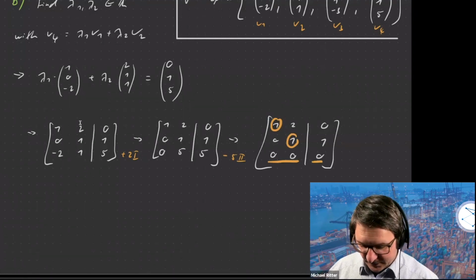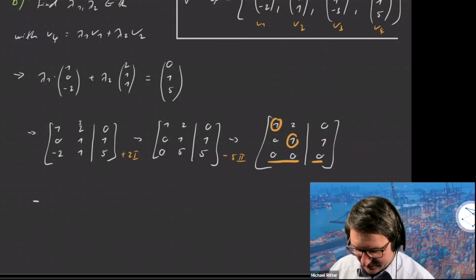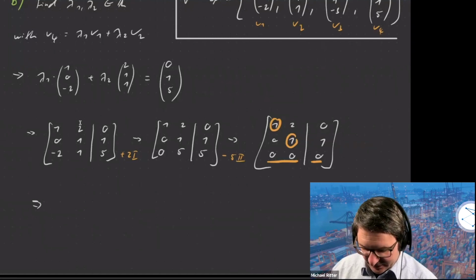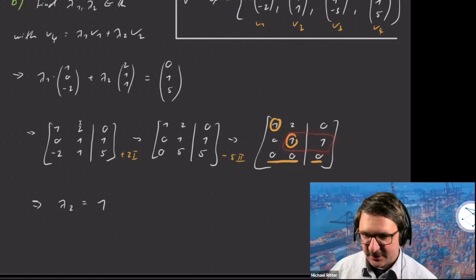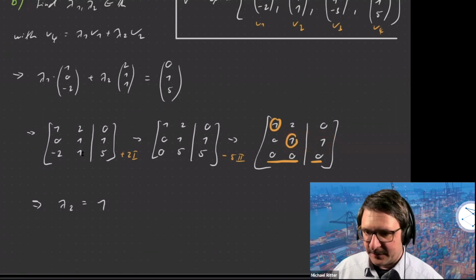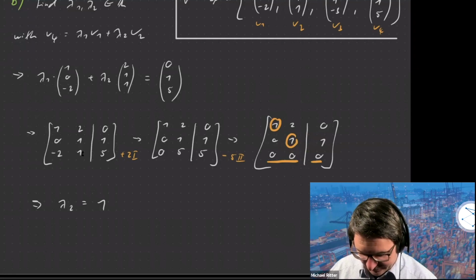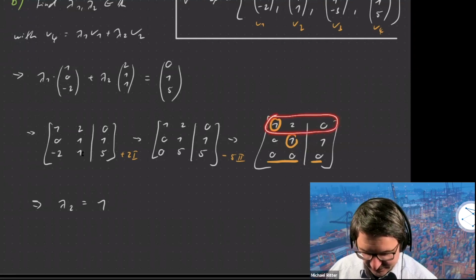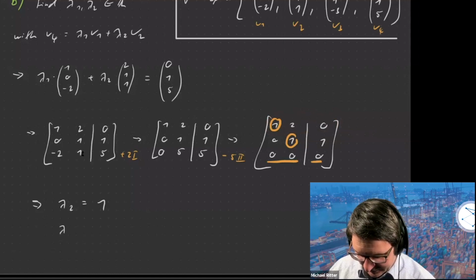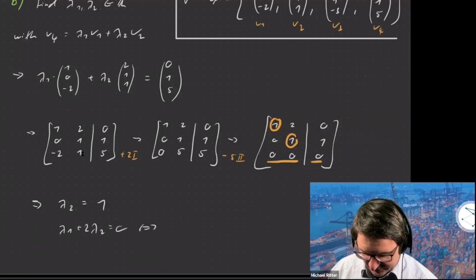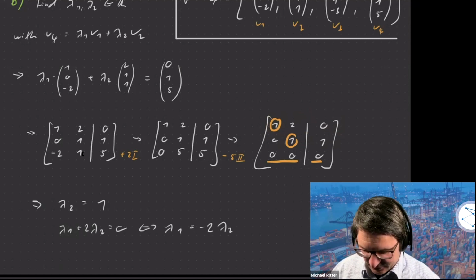And that means we can just solve that system here. We first solve for lambda 2. Lambda 2 is 1. That's simply this equation here. And then we solve for lambda 1. The first equation says lambda 1 plus 2 lambda 2 is 0. So if you solve that for lambda 1, then we get lambda 1 is minus 2 lambda 2.